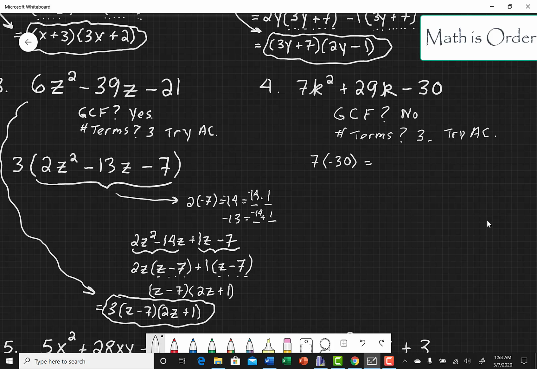This is going to give us negative 210. So the question is, are there any two numbers that multiply to give negative 210, and it also will add up to positive 29?